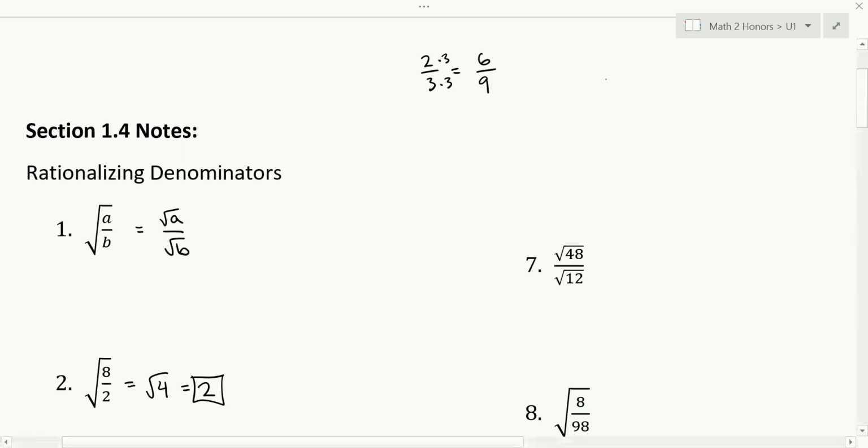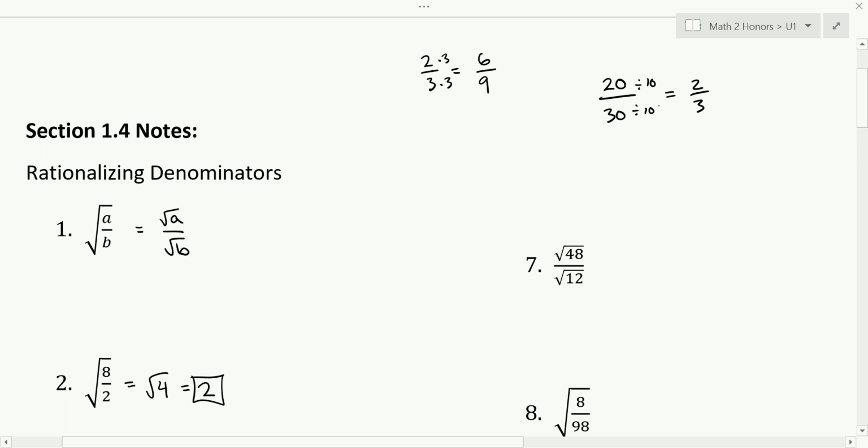If I have 20 over 30, when we reduce that, what does it reduce to? 2 over 3. But what you're doing is rewriting it as an equivalent fraction, just with smaller numbers. And to do that, you're dividing the top and bottom by the same number, 10.